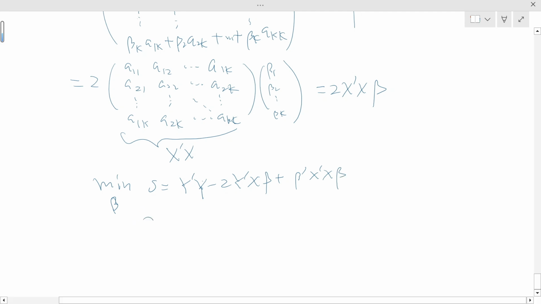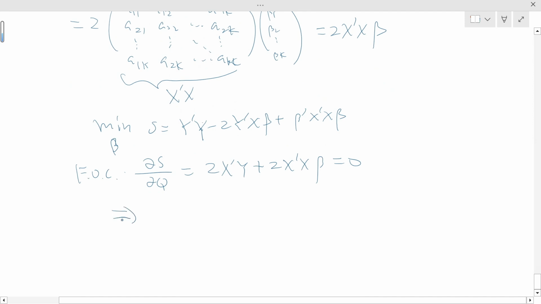First order condition, partial S partial beta is equal to minus 2 X prime y plus 2 X prime X beta is equal to 0. Sorry, there's a negative sign here. This implies 2 X prime X beta is equal to 2 X prime y. We can cancel out the 2 on both sides.